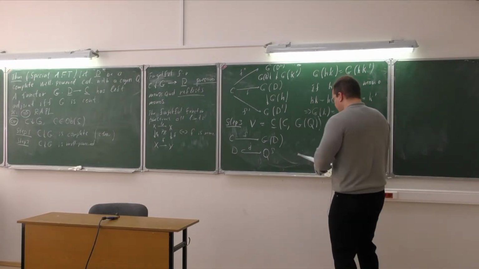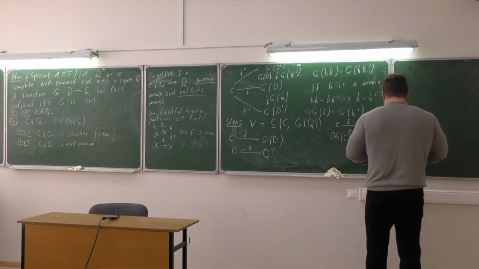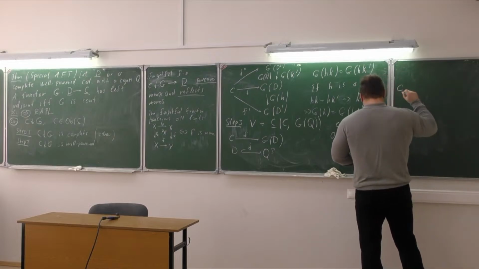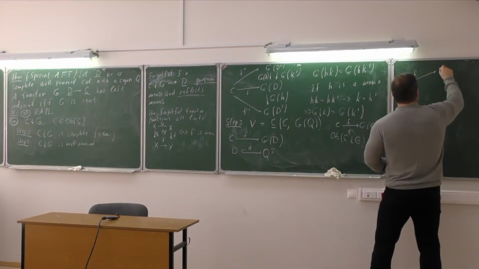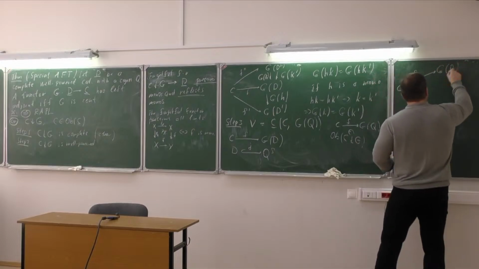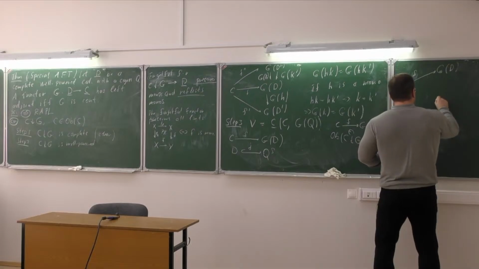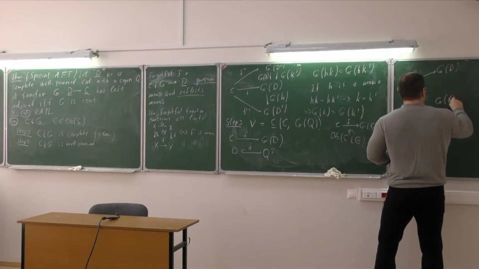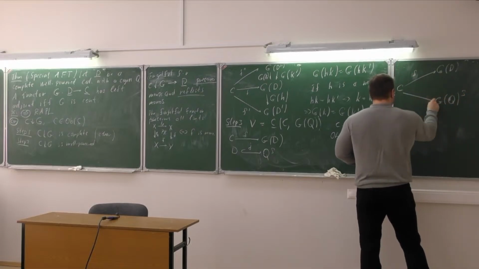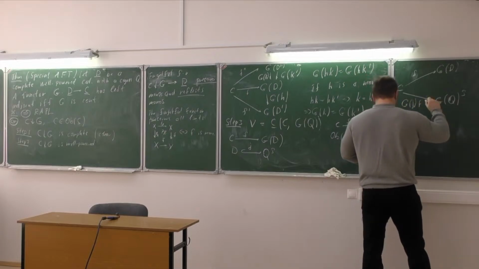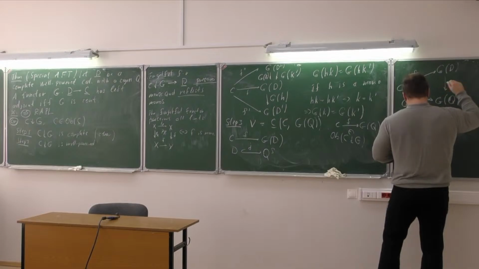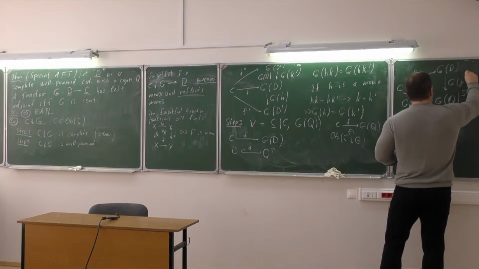So this J is a monomorphism. And now I just look at the following diagram. I have C, F, G of D, and here I have G of Q to the S, so this is G of J F, and this is G of J.